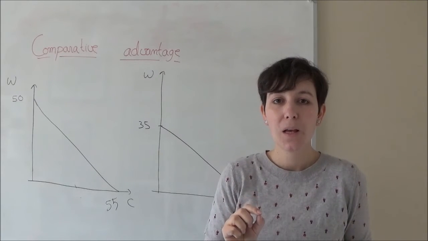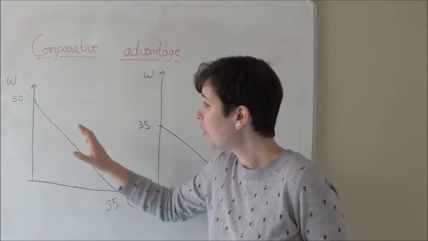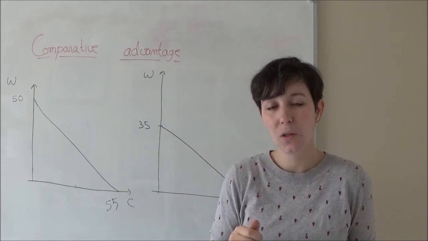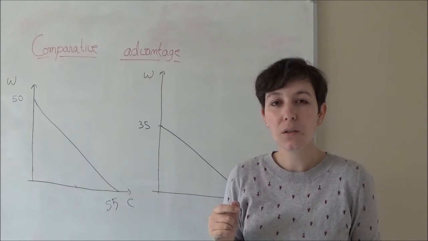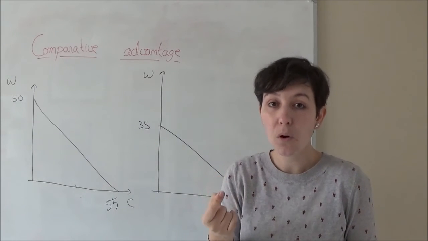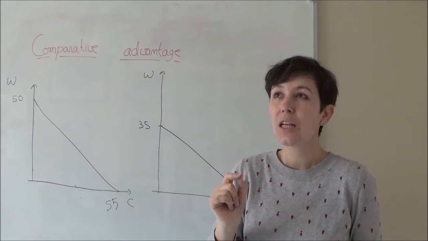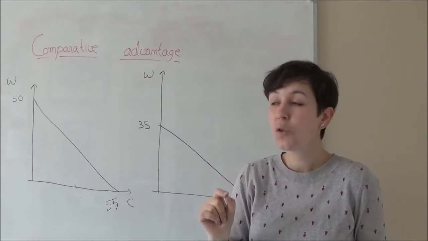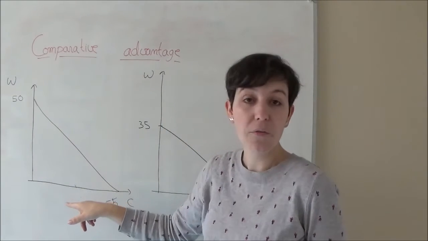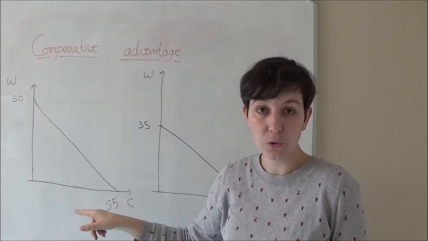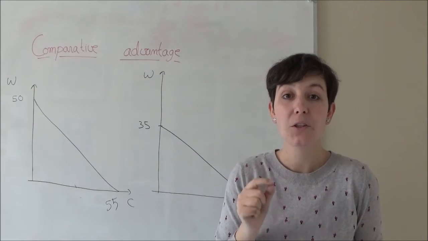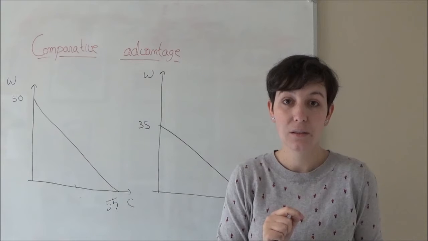That means in which industry you have a lower opportunity cost. Remember, opportunity cost is the cost of producing 1 unit more of something. So that means if you produce 1 unit more of wine, how many units of cheese are you not going to produce? The lower the opportunity cost, the better you are at producing that.